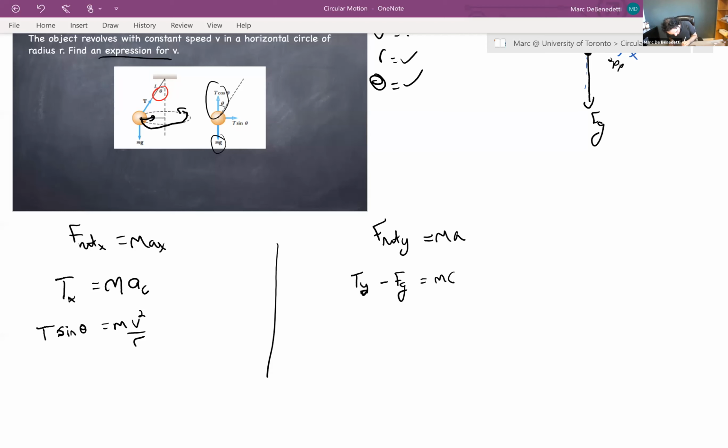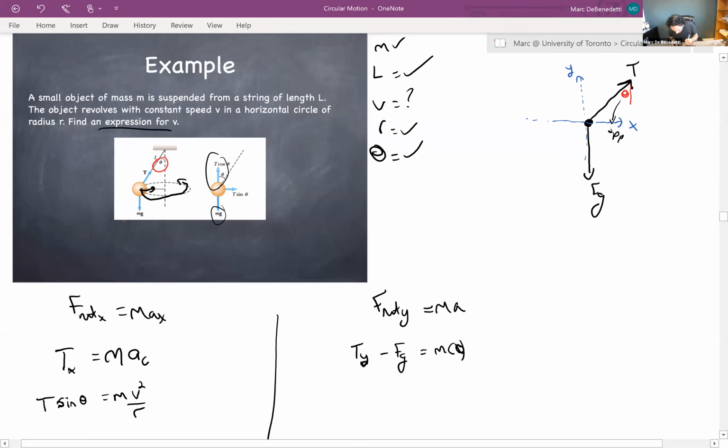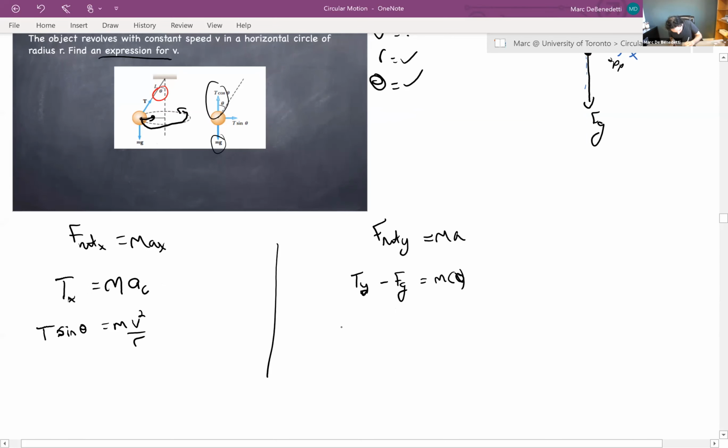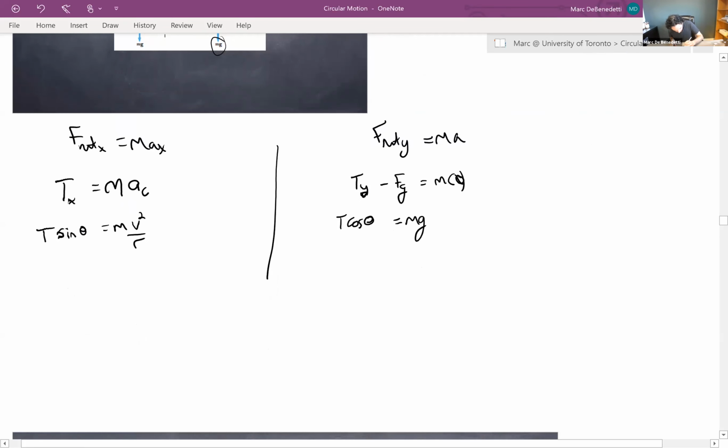Looking at my geometry, the y component is the adjacent side. So this is going to be T cos theta equals mg, or T equals mg divided by cos theta.